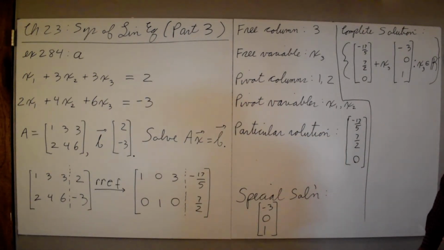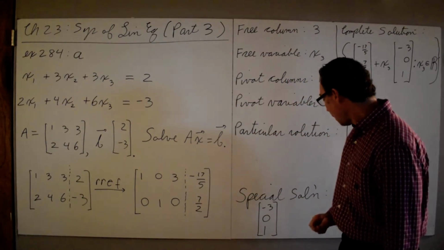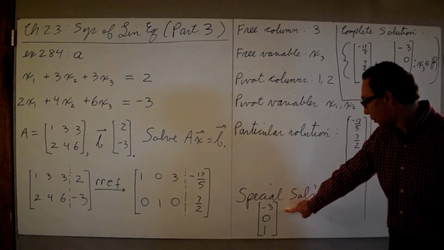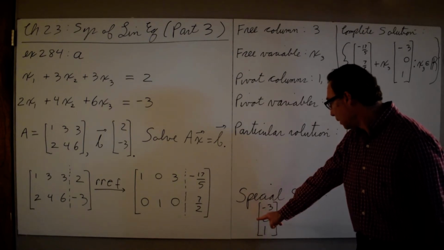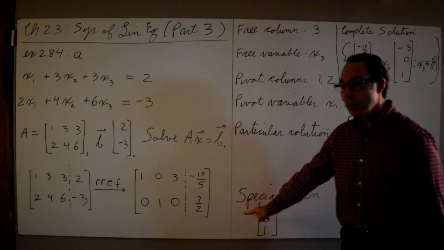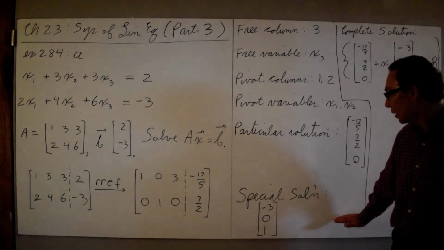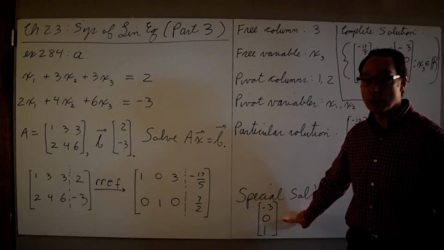If you have a vector that is a solution to Ax equals b, and you have another vector in the null space, and you add these two vectors together, it is still going to be a solution to Ax equals b, because matrix multiplication distributes over vector addition. And so your A times this vector is just 0.